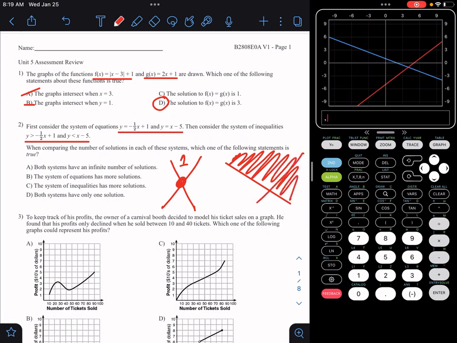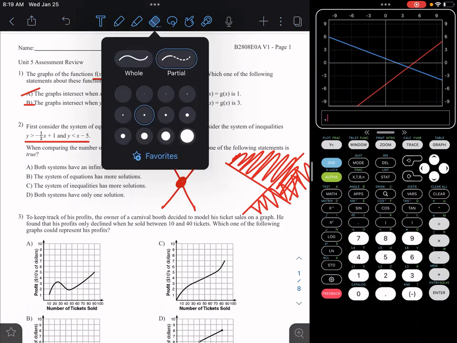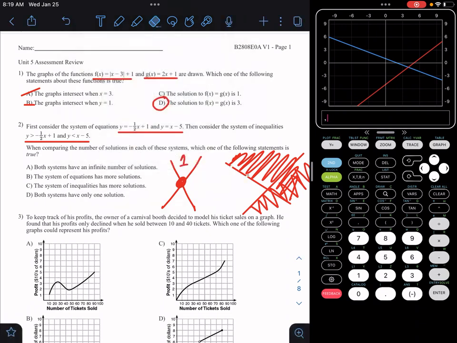And the second one looks something like this, and it's a less than symbol, so we would shade below. I should have made those dotted lines since they're not equal to, so it should actually look something like this. It should be a dotted line. Alright, so it would look something like that.